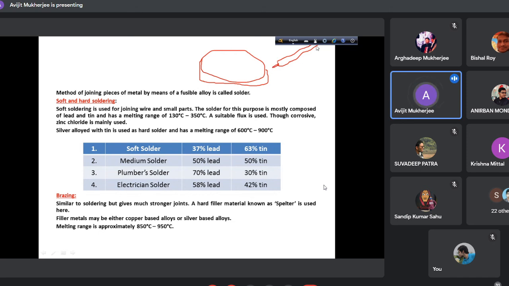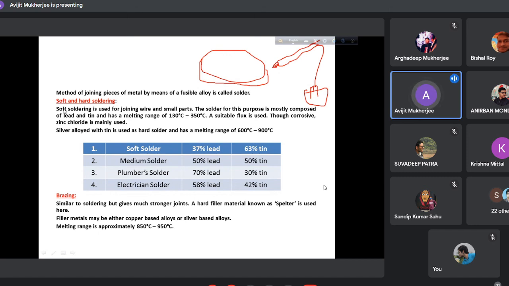It is connected with a cable and a plug. So when this is plugged in and heated, the tip is heated to about 130 to 350, and this is now dipped into this paste, which is called solder.